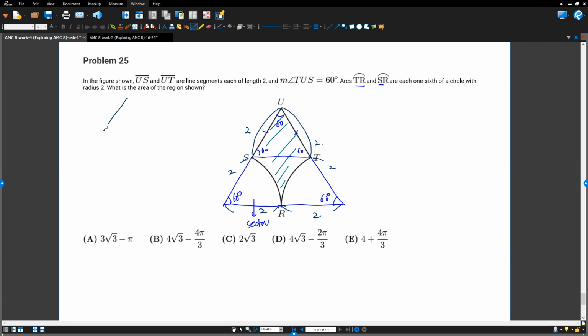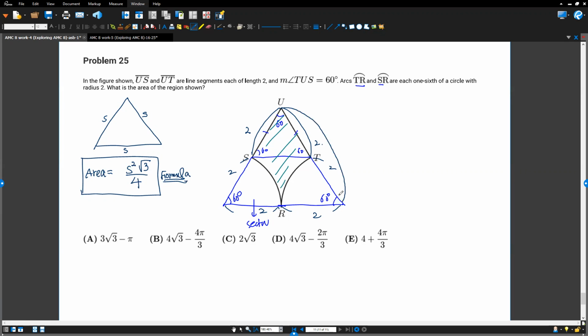I'm going to show you something. What is the area of this equilateral triangle? If this side is S, the area of this one, you have to memorize: S squared times root 3 over 4 is the area of this equilateral triangle. We have to memorize this formula.